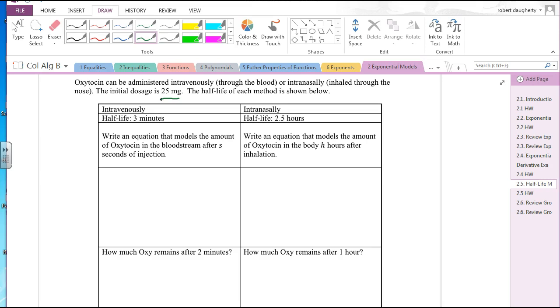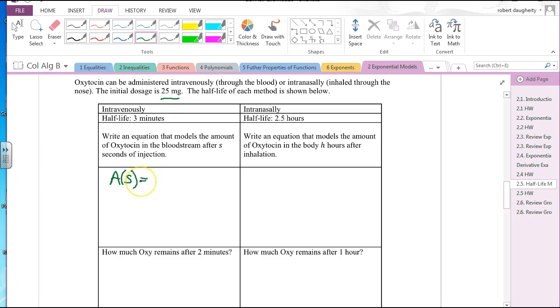So, okay, let's write models that deal with this. So the amount of oxy after S seconds. What am I going to name this function? We'll just say the amount in terms of seconds. So the amount of oxy that I have based on the number of seconds, okay?